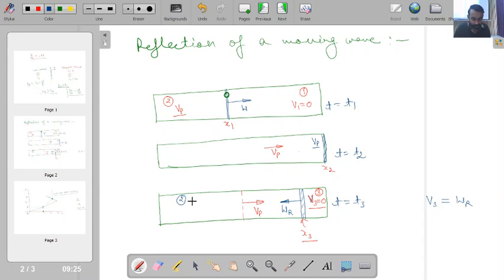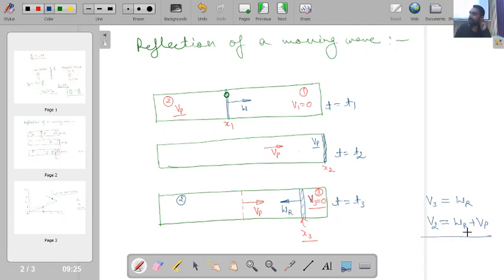Whereas the medium coming from region 2 will be coming with total relative velocity of WR plus Vp.